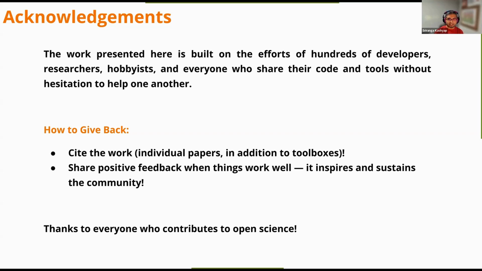By this, I mean their individual papers, the algorithms they worked on, in addition to the toolboxes. And more importantly, share positive feedback when things are working. All GitHub issues are always, this is not working. It's quite negative. But also say, hey guys, thanks. That was awesome. It worked for me. And thanks to everyone who contributes to open science.